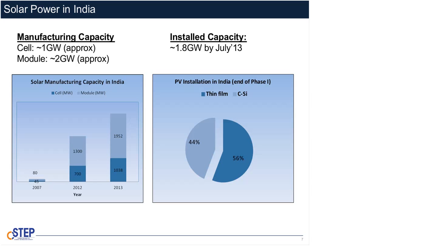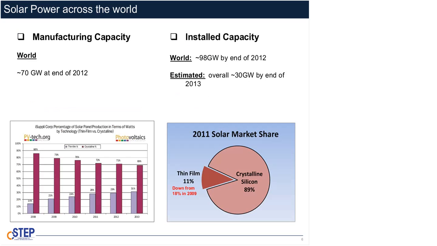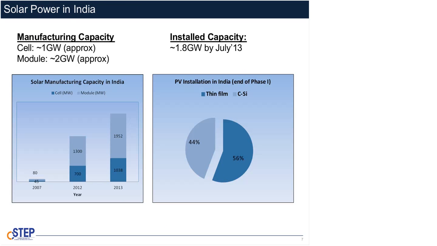On the right-hand side, the installed capacity as per July 2013 is 1.8 gigawatt, and the technology share is 44% for thin films and 56% for crystalline silicon. If you compare it with the world market share, which is 11% and 89%, India's 44% and 56% is very, very different.